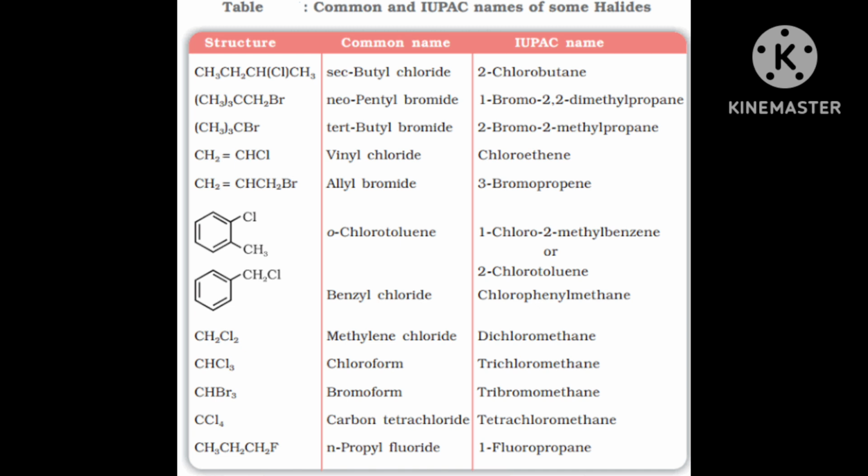One bromine may be attached anywhere, but with respect to this bromine, where is the other? If it is attached just after the bromine, at the next carbon, then it will be the ortho position. After that, next to this it will be meta, and next to meta it will be para, P-A-R-A.